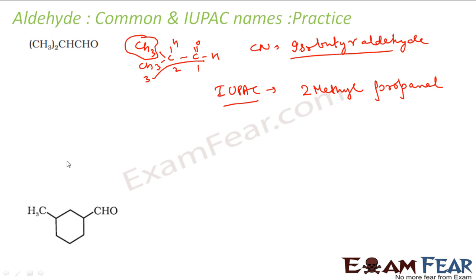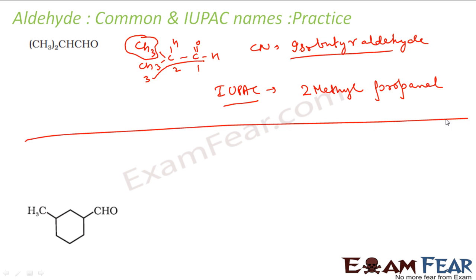Let's see this one. Again, the common name and the IUPAC name. For the common name, you use alpha, beta, gamma because this is my aldehyde group.